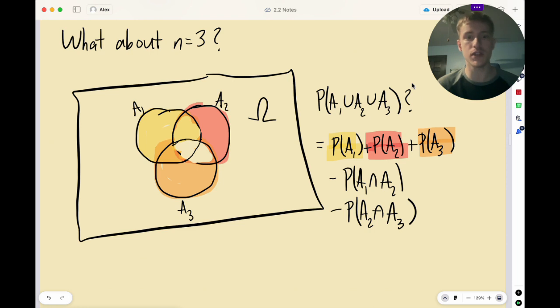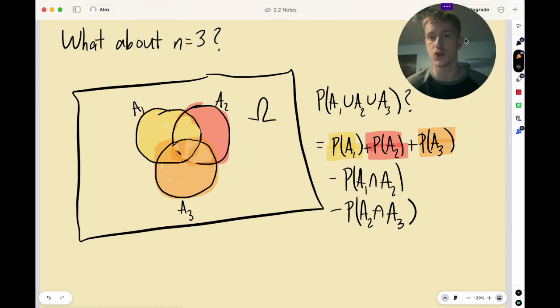But the shaded region that remains is actually going to be just this area right here. All right, so now the last thing that I'm going to do is subtract off the intersection between A1 and A3.